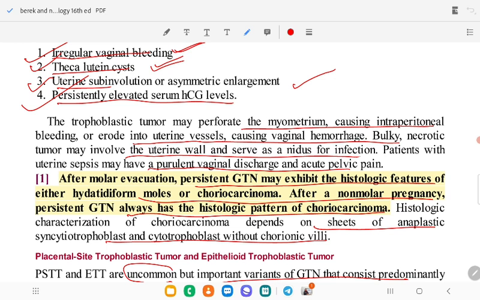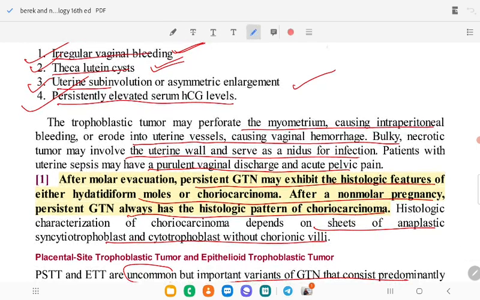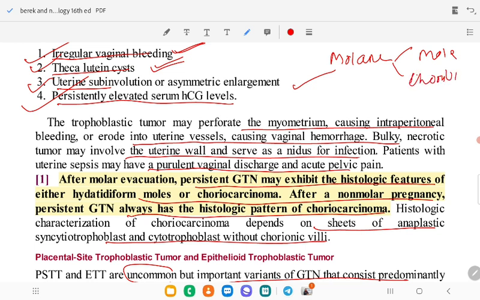After molar evacuation, persistent GTN may exhibit histological features of either hydatidiform mole or choriocarcinoma. If a molar evacuation was done, it can be a recurrent mole or choriocarcinoma. But if it follows a non-molar pregnancy or term pregnancy, then histologically it mostly develops into choriocarcinoma.